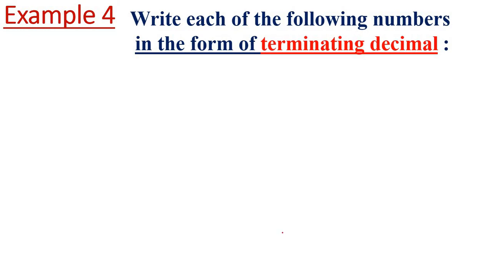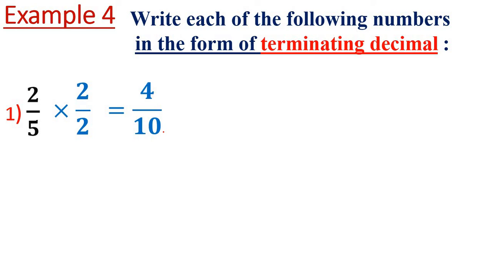Example number 4, write each of the following numbers in the form of a terminating decimal. 2 over 5, we can convert it on the calculator or by steps, like making the denominator 10 or 100 or 1000. We can multiply up and down by 2 to convert 5 into 10.